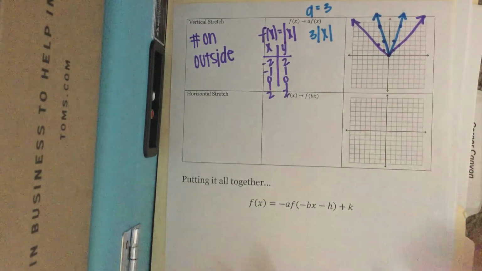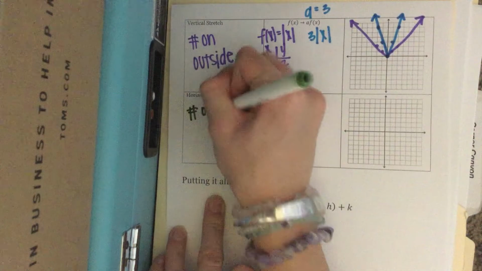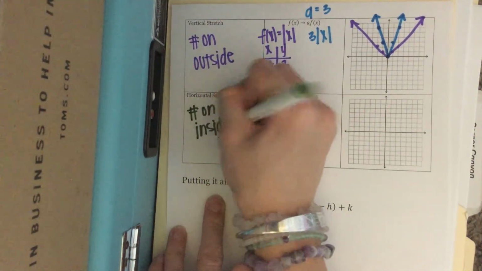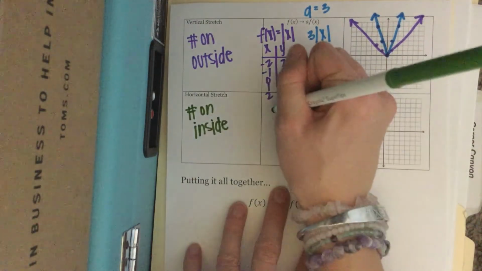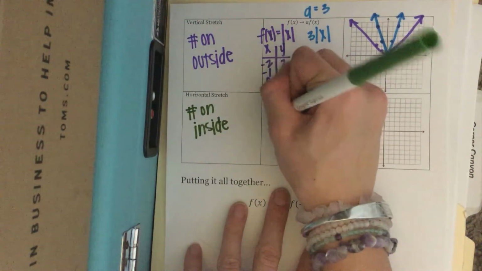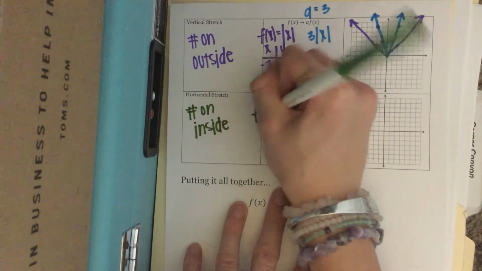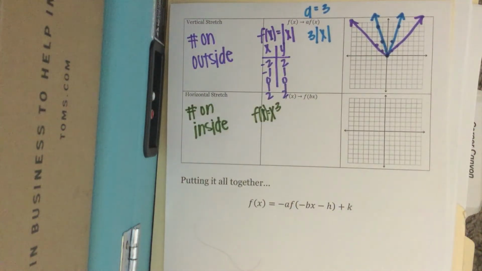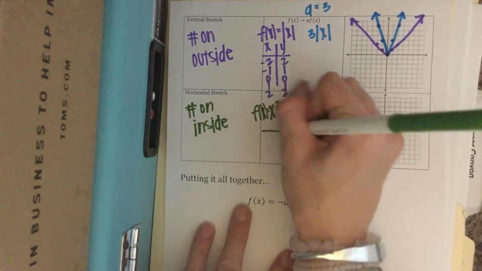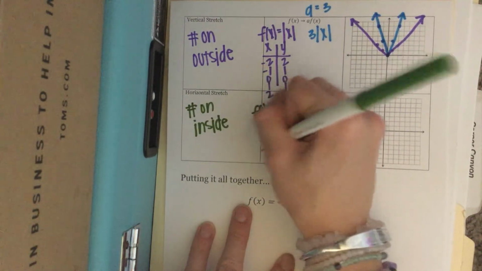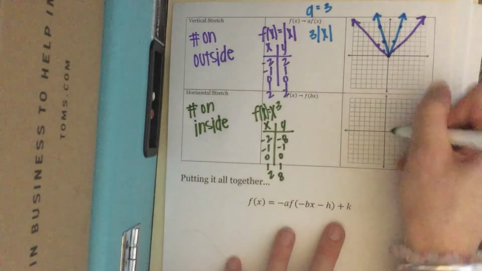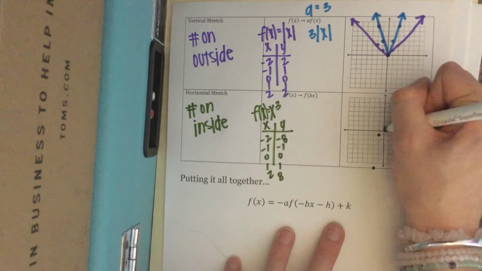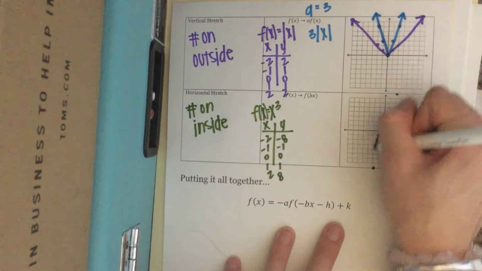Okay, horizontal stretch. This is when the number is on the inside. And let's use the cubic function. So let's use x cubed. So f of x equals x cubed. And that is, if you look back at this paper, x: -2, -1, 0, 1, 2, and y: -8, -1, 0, 1, 8.